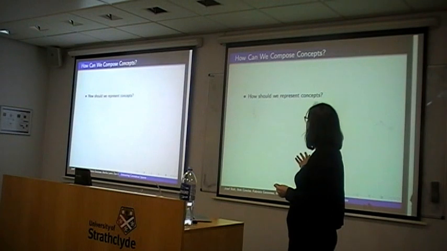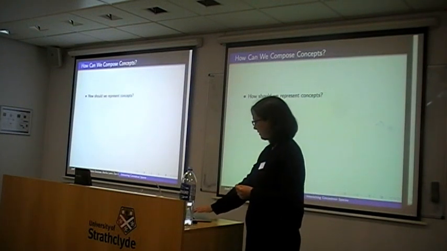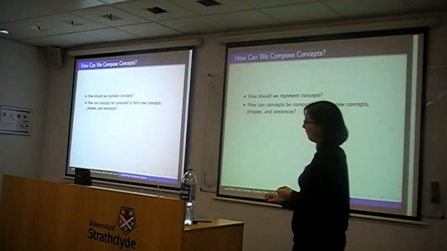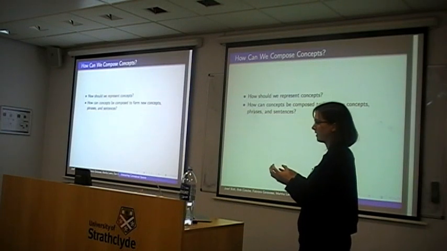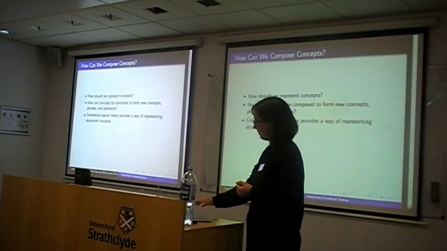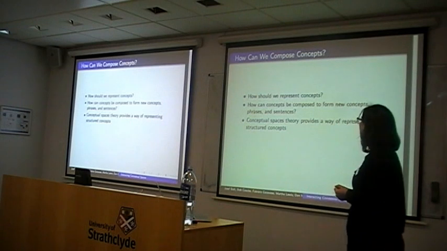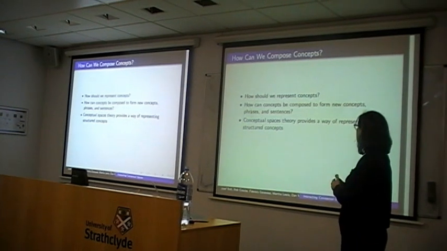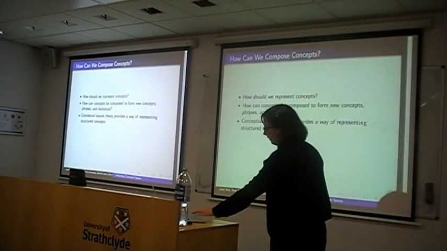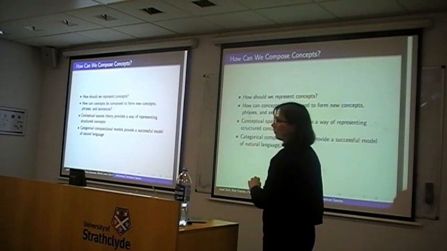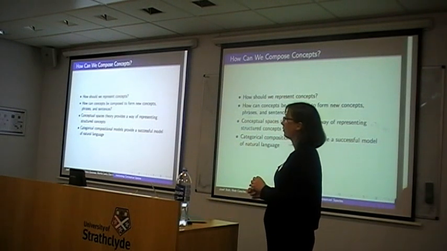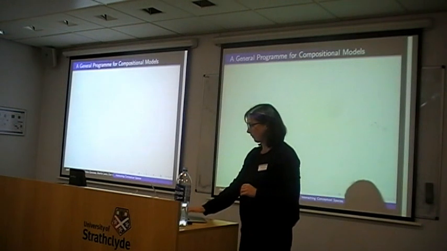And to answer that, we want to know how we should represent concepts. Then look at, given that representation, how they can be composed. So we're using conceptual spaces theory, and then going on to integrate this with categorical compositional models.